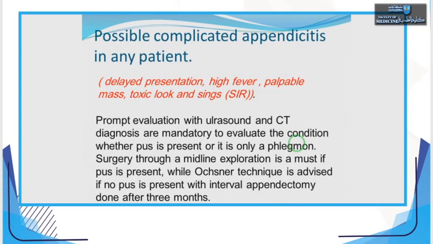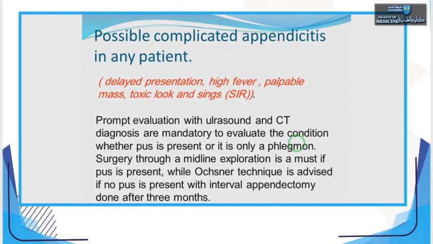The other situation is the patient who is presenting late with possible complicated appendicitis. In any patient, either high risk or non-high risk, this is a delayed presentation. You find high fever, more than 38, palpable mass, toxic look, and signs of systemic inflammatory reaction.